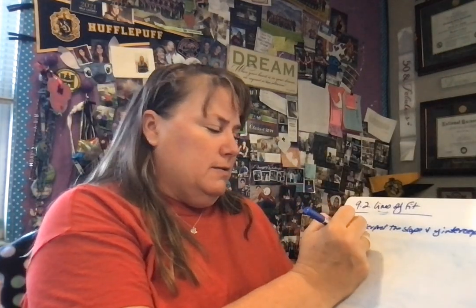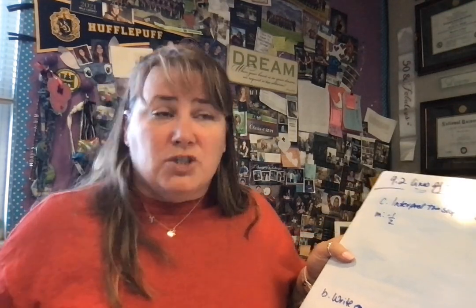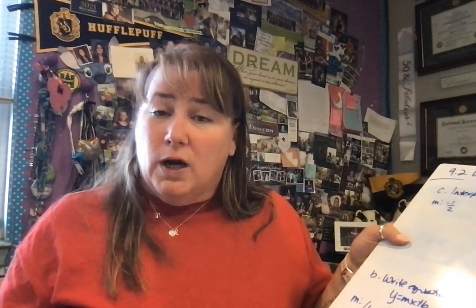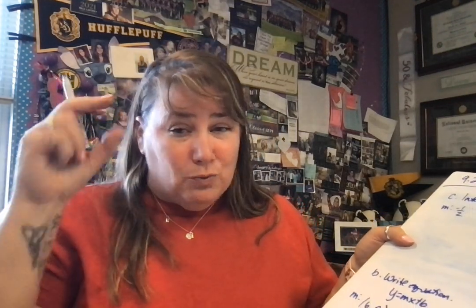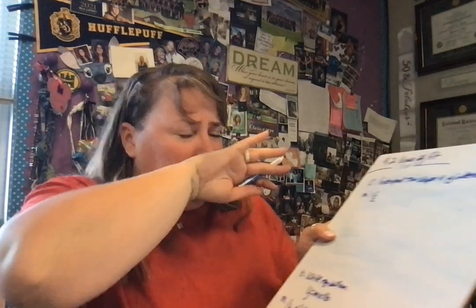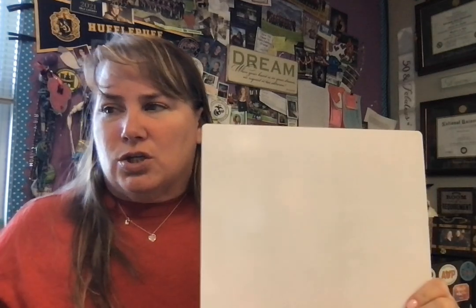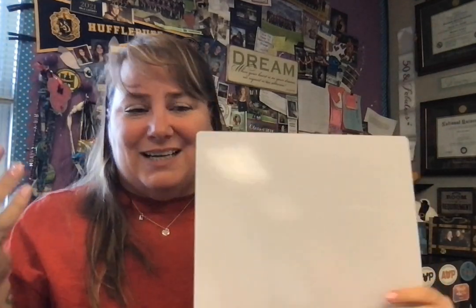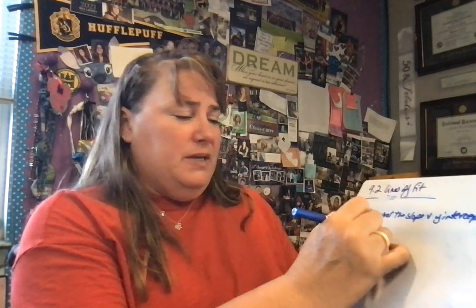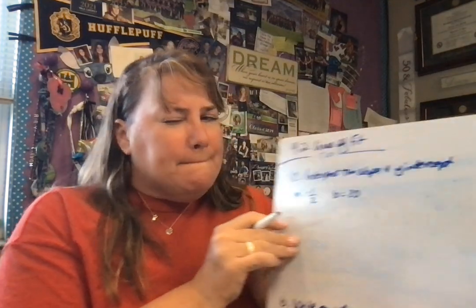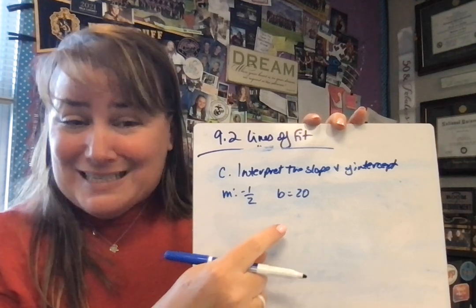So M is -1/2. The book is -2. That's okay. So you would actually be interpreting -2 over 1. If you got a slope of -1, it would be -1 over 1, because you need your rise and your run. This is a real life situation, and in real life situations, you have something on your x-axis and something on your y-axis. And B is 20. But it's an intercept, so you have to use your 0.